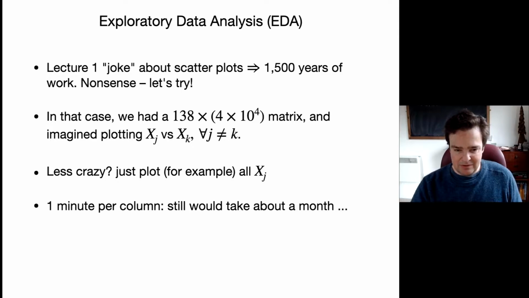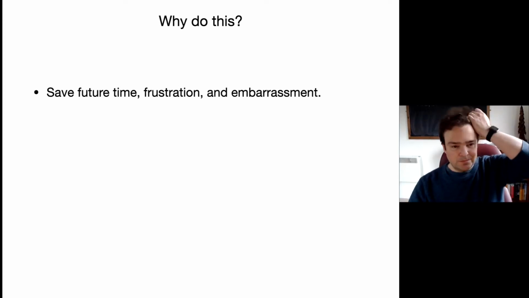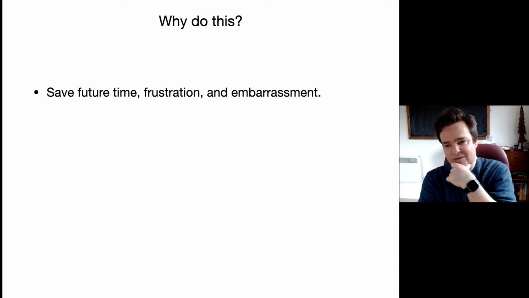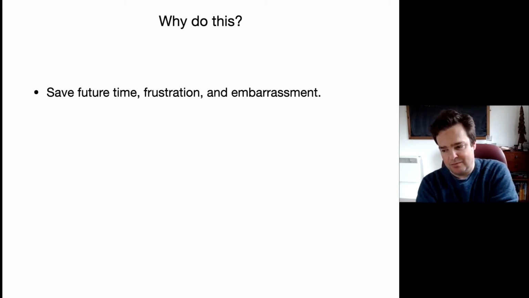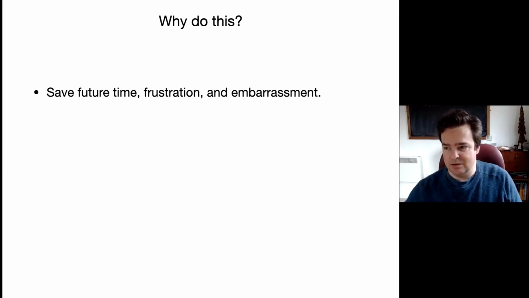But nevertheless, let's discuss what kind of things you might actually see if you did this. First of all, you will save time and frustration for yourself in the sense that you might discover some really obvious great things or bad things about the data in doing this.